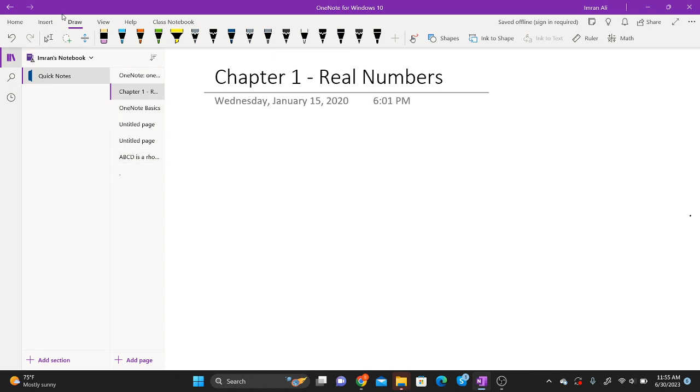So to start off, we need to define rational and irrational numbers. So rational numbers can be expressed in the form a over b, where a and b are integers.